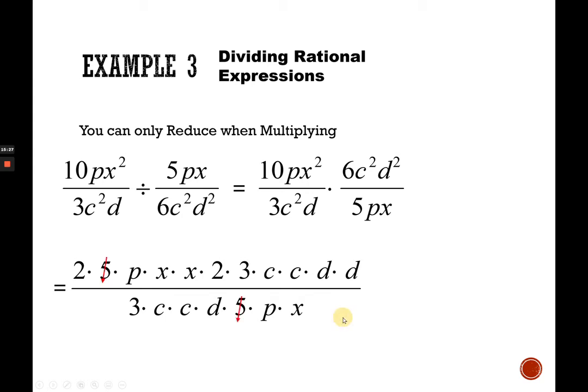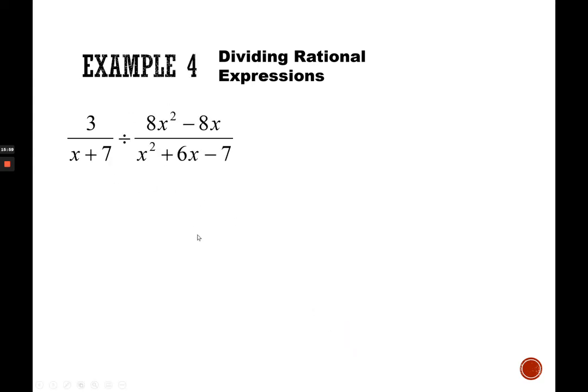So let's see, the pair of 5 is cancelled, p, x, 3, and 2 pairs of c, and then 1 pair of d. What is left is 2 times 2, 4, and then x, d, or by alphabetical order, dx. So you have 4dx. Since everything is cancelled in the denominator, you only have 4dx as your final answer. Okay.